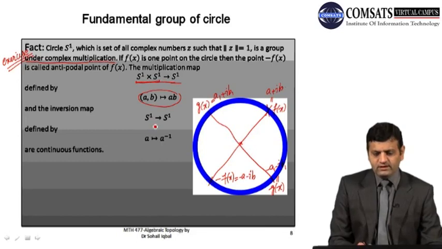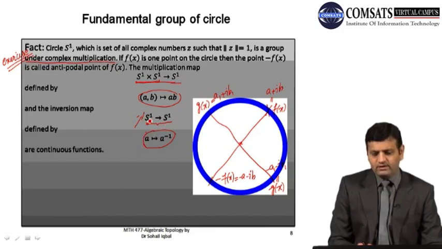And similarly the inversion map, because S1 is a group. Okay, so S1 is a group under complex multiplication, so there will be inverses of elements. The function which takes elements of S1 to the inverses of the elements is also a continuous function.